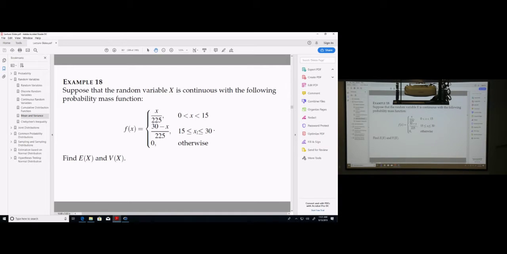If you actually plot this, it is a triangle. It is rising from 0 all the way up to 15. When it is 15, it's 1 over 15, and then it comes down to 0. This distribution, sometimes people call it the triangle distribution, or think of it as a tent, all right?